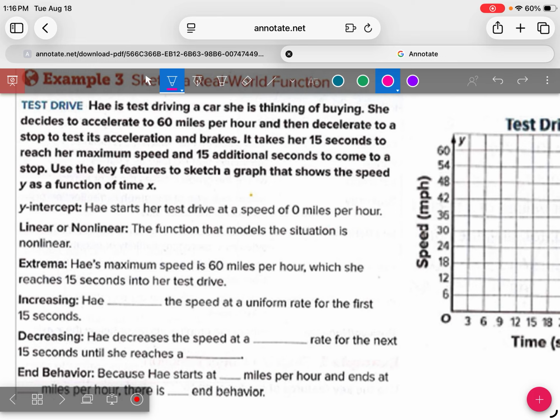They give us some information here. They've picked a little bit out of the story to tell us that she is starting her test drive at 0 miles an hour, which makes sense. They're not going to push the car and then try and start it. So our y-intercept is going to happen at 0. She's starting there.